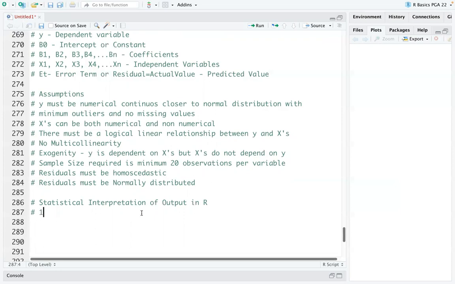The first and foremost, you should look for adjusted R square. Adjusted R square must be between 0.60 to 0.95.